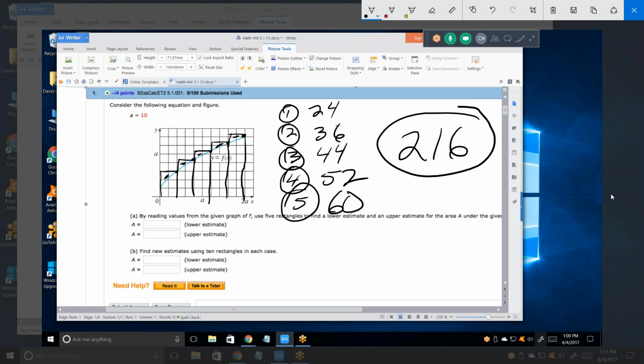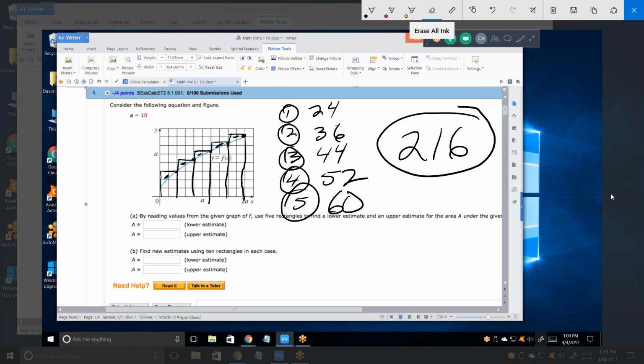Now, here's the thing. The reason they do not teach it as left RAM and right RAM anymore is because left RAM doesn't always underestimate it and right RAM doesn't always overestimate it. It depends on whether the curve is increasing or decreasing.